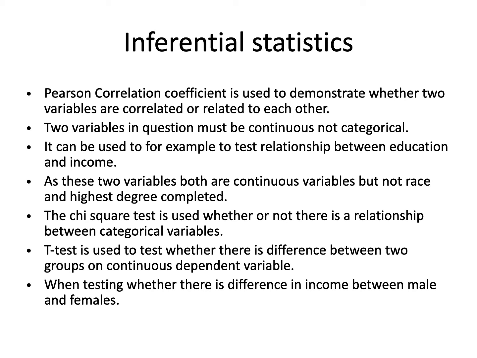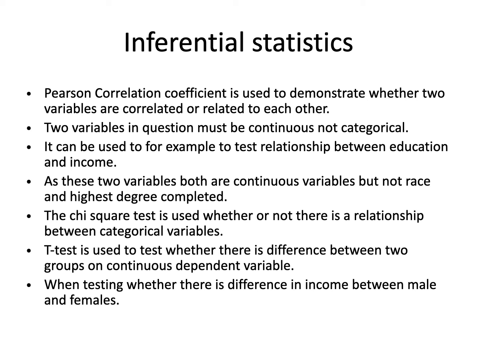So it can be used, for example, to test the relationship between years of education and income, as both are continuous variables, but not race and height, or race and the highest degree completed.